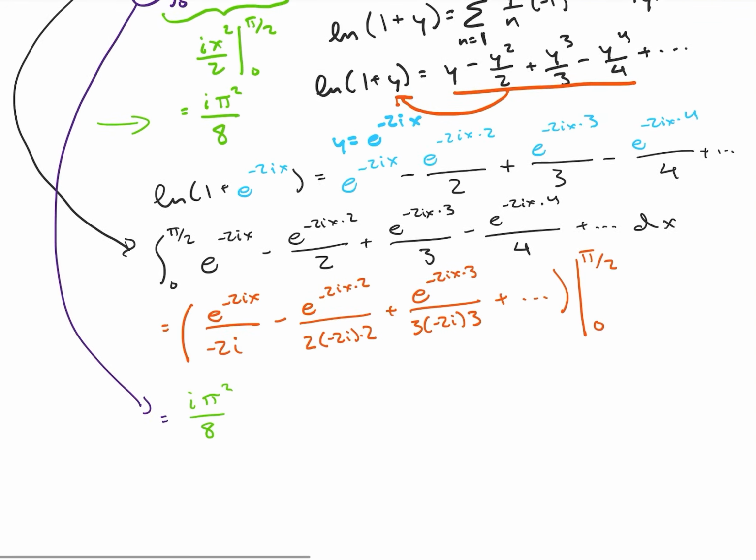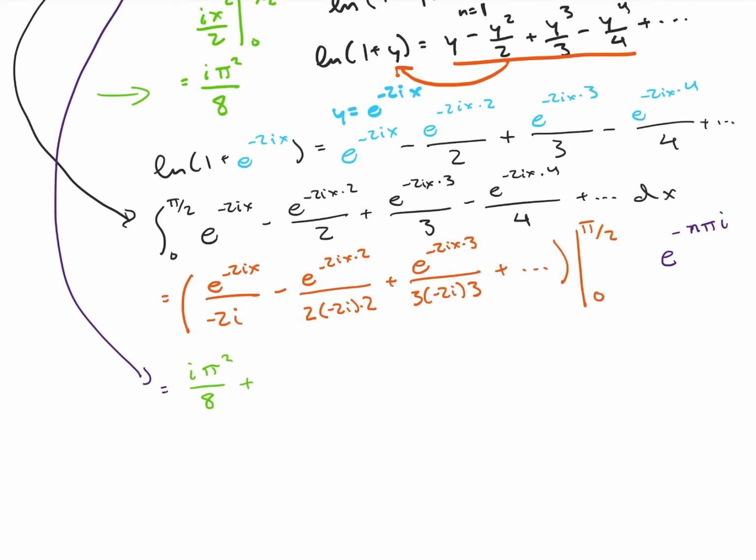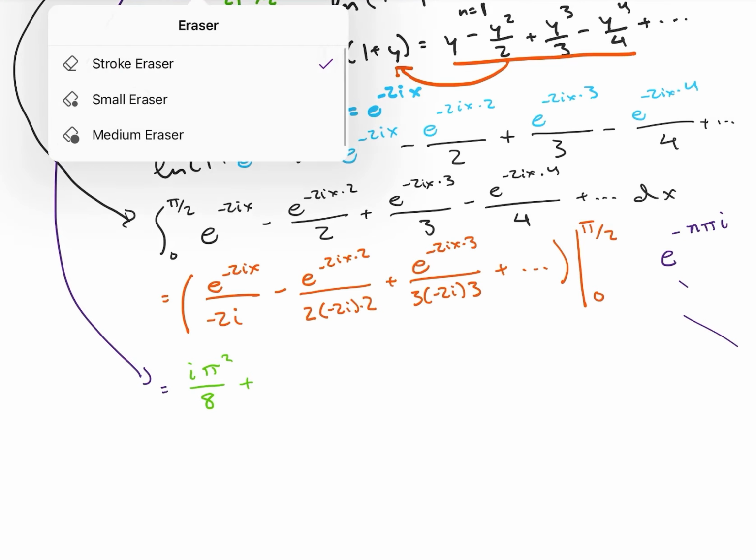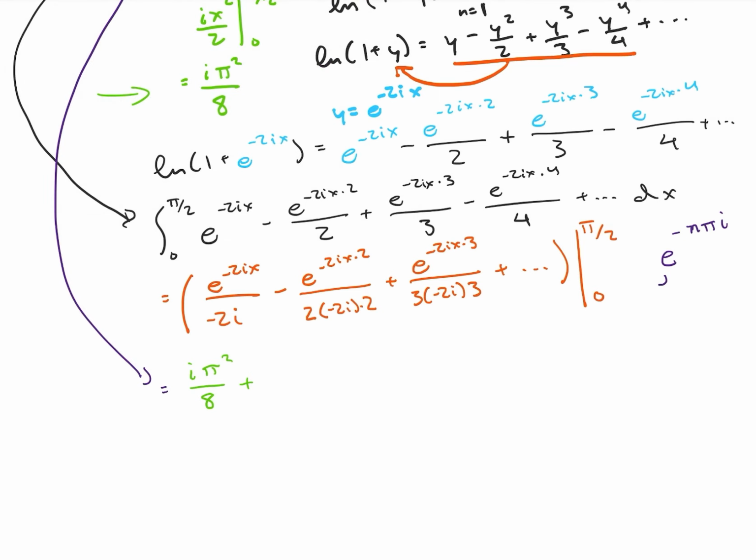So let's investigate. So if I have e to the negative n pi i, that's going to be piecewise, and it's going to be 1 if n is, let me make sure I get this right, n is even, and it's going to be negative 1 if n is odd.